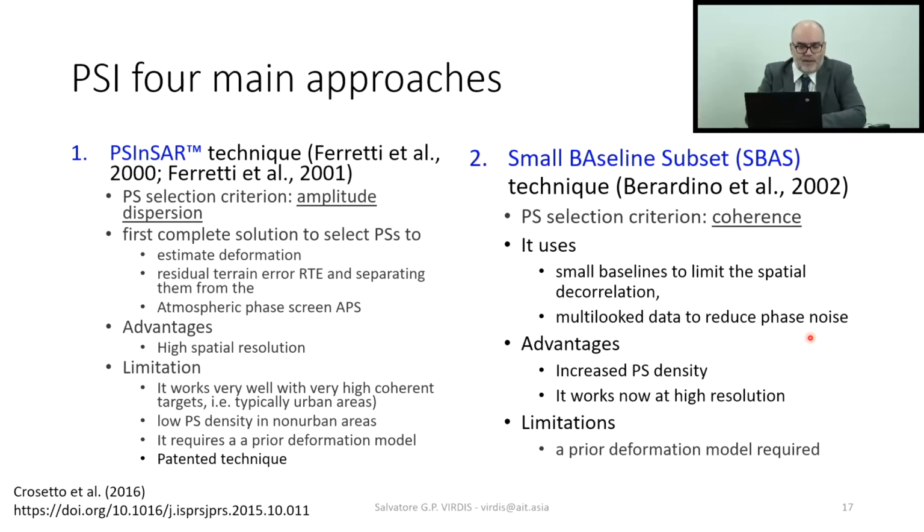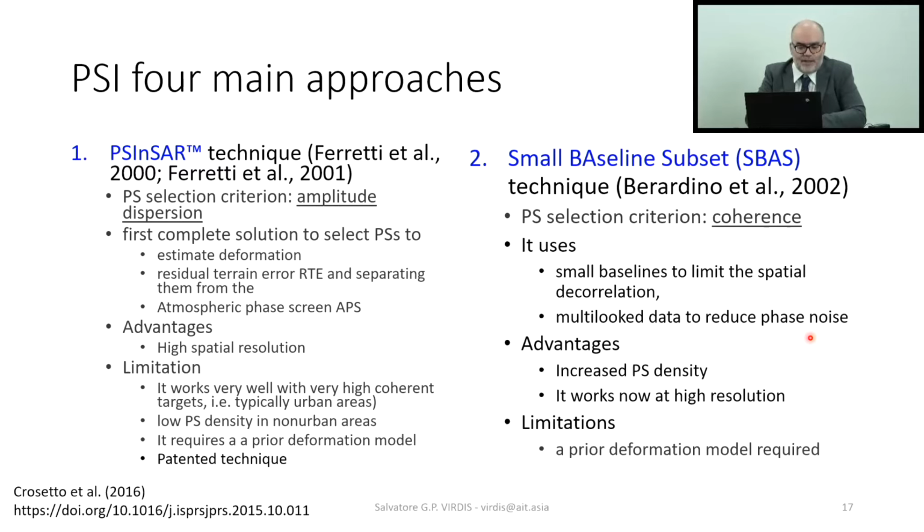The first one is called PS InSAR. It's a registered technique, and it was a breakthrough in InSAR and in remote sensing, but it was a breakthrough in geology itself as an all-InSAR approach.